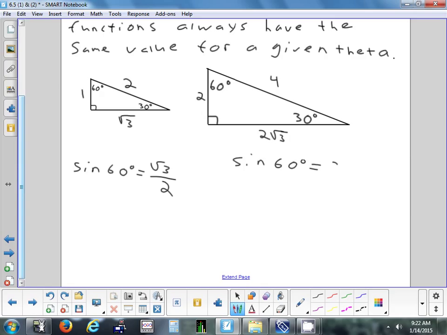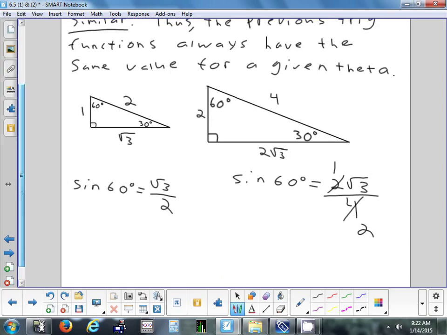Opposite is 2 square root 3. Hypotenuse is 4. So at first they look different, but what do the top and bottom of the right-hand fraction have in common? Could you reduce it by a factor of 2? Yeah, by 2. 2 goes into 2 once, 2 goes into 4 twice.